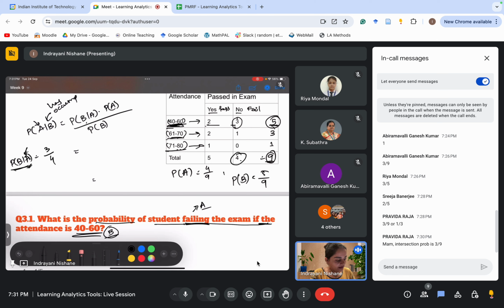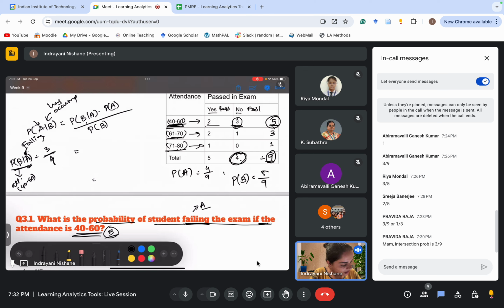So condition A is failing, and B is attendance between 40 to 60. How many students are failing? 4 students are failing, so that will be the denominator. Out of 4, how many have attendance between 40 to 60? 3. So this will be 3 by 4.